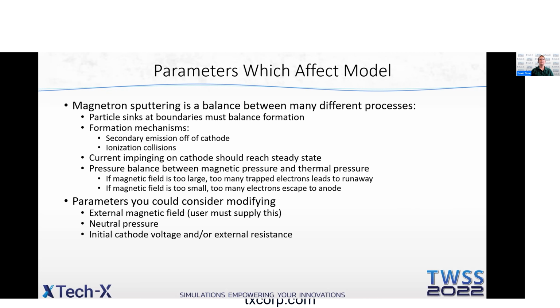So you can write down all of these conditions, but coming up with a way to balance all of this probably isn't possible analytically, except under the simplest conditions. Okay, so VSim can help with that. It's easy to change parameters, run a simulation, and see how that impacts the outcome.